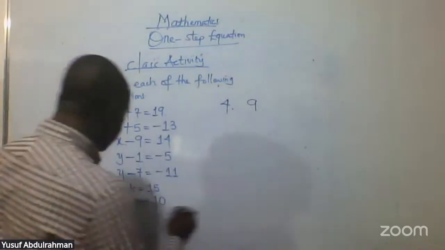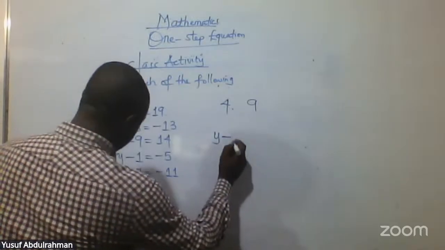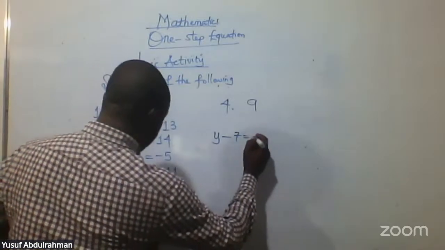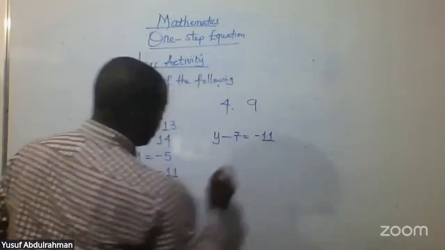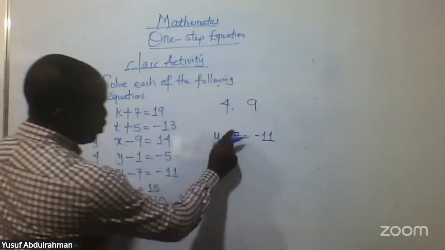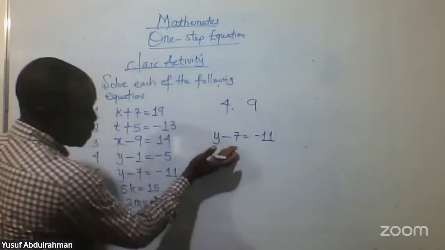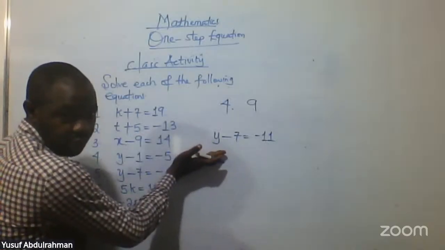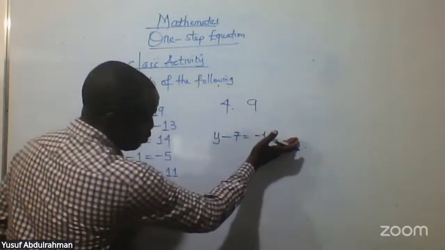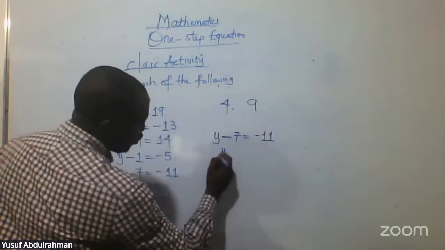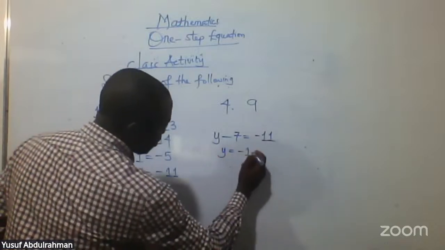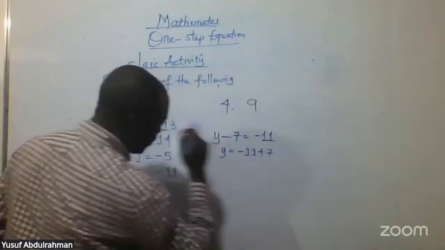So we have y - 7 equals -11. When we move this to the other side, it is negative on this side of the equation, and it turns to +7 on the other side. So we have y equals -11 plus 7.